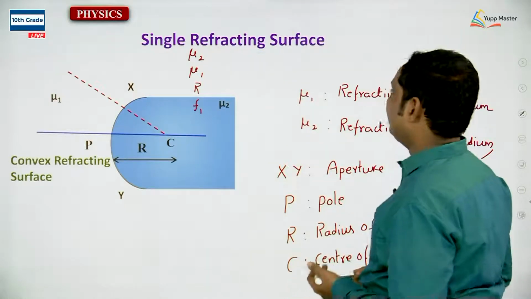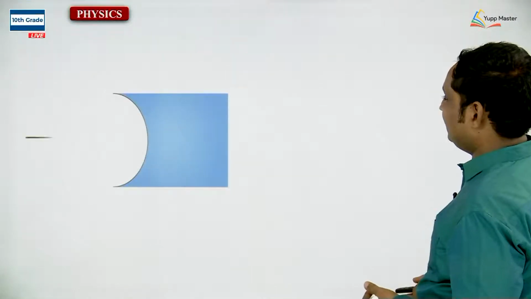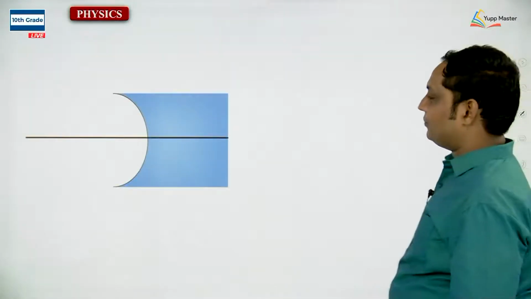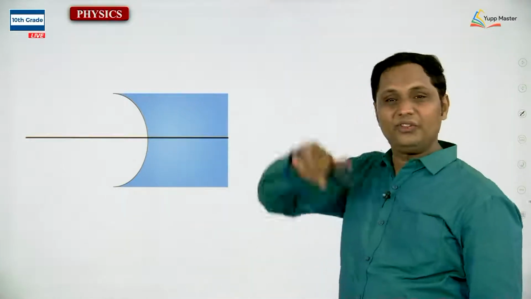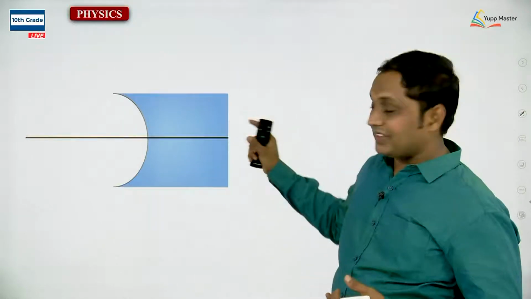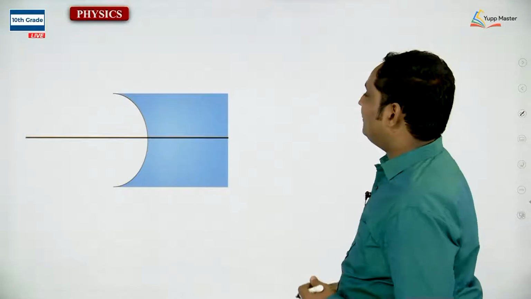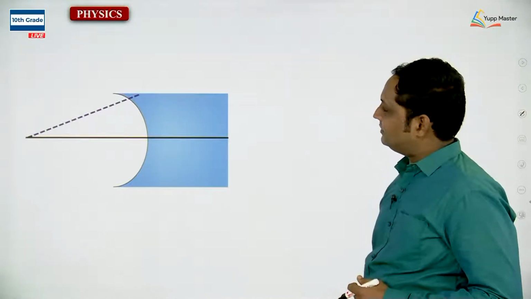Let's see. It happened in case of a concave refracting surface also. Previously we have seen the convex refracting surface. All right. Now it is the same case, we have seen that, right?